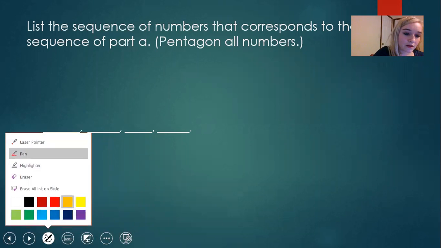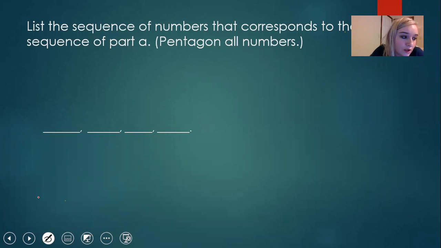So what we're going to do for that is 1 plus 4 equals 5, and then 1 plus 4 plus 7 equals 12, and then 1 plus 4 plus 7 plus 10 equals 22, and then 1 plus 4 plus 7 plus 10 plus 13 equals 35.